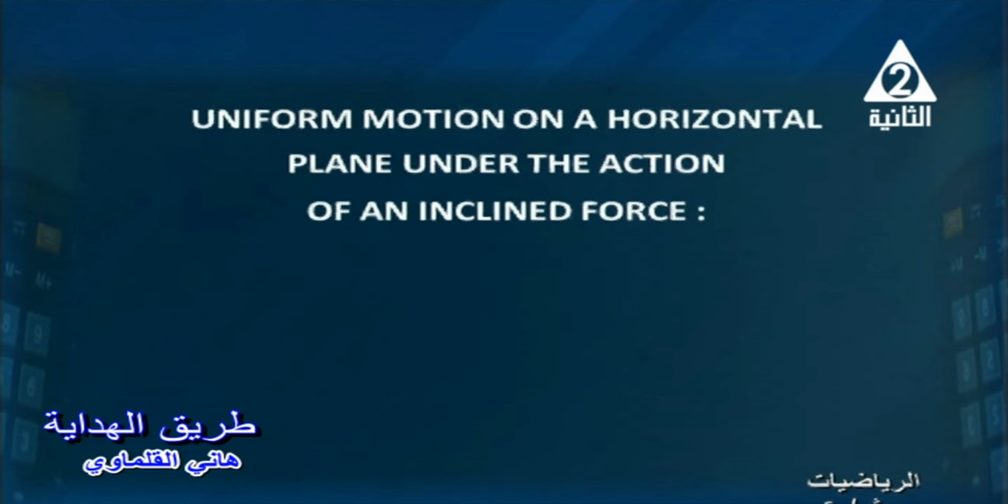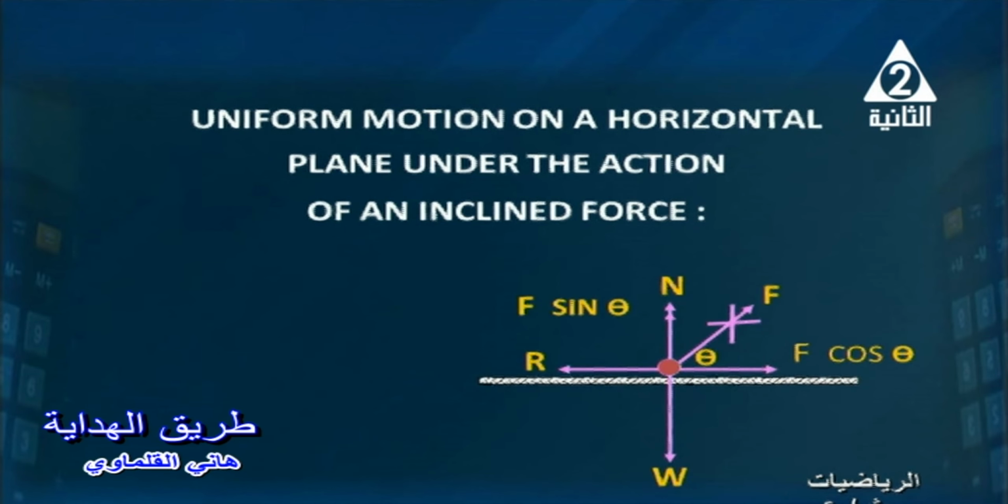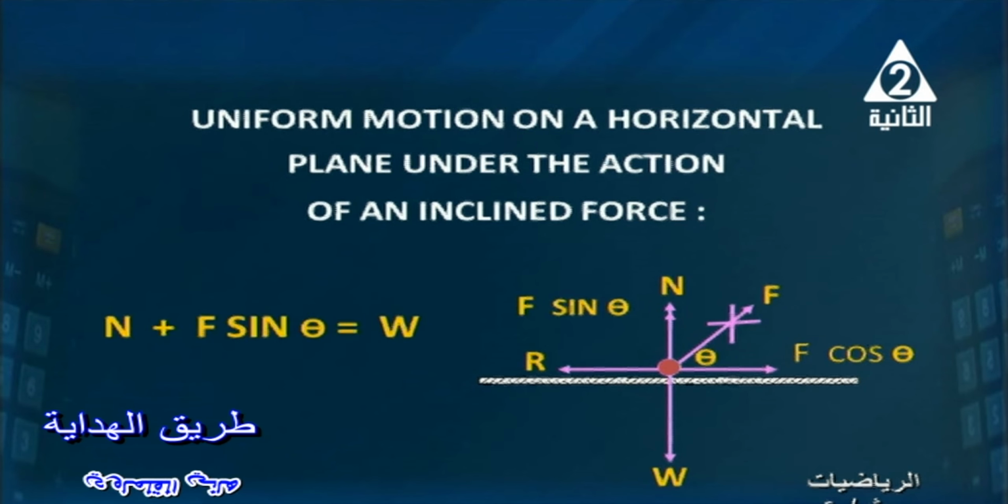Uniform motion on a horizontal plane under the action of an inclined force. We have force F inclined to the horizontal by an angle of measure theta. We can resolve this force in two perpendicular directions, two components. The first component F cosine theta parallel to the plane of motion, and the other component F sine theta perpendicular to the plane of the motion, and we get the two equations.